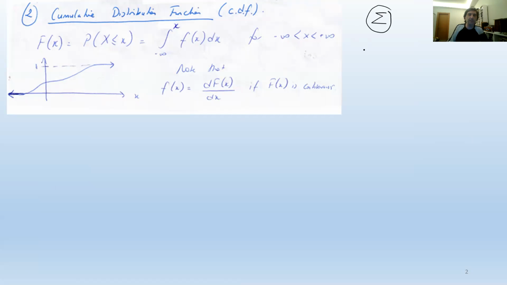For the cumulative distribution function, we added the probability mass function values. The same thing applies here, but the only difference is that summation changes into integration, which should make sense because now we are talking about continuous random variables.